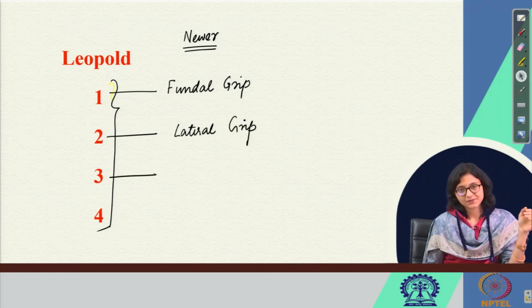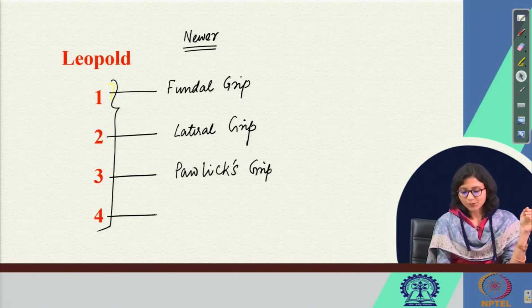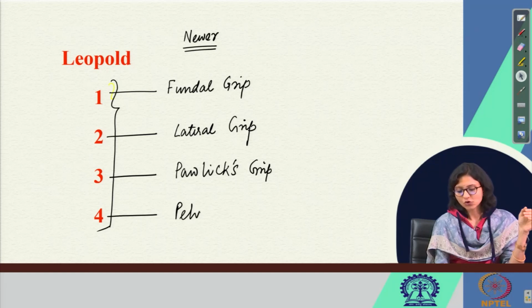Leopold 3 is called as the Pawlik's grip, right? And Leopold 4 is also called as the pelvic grip.